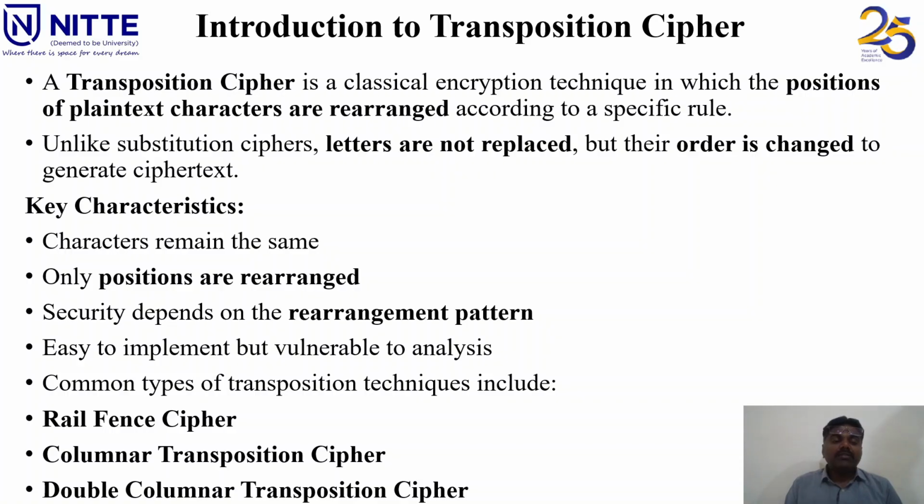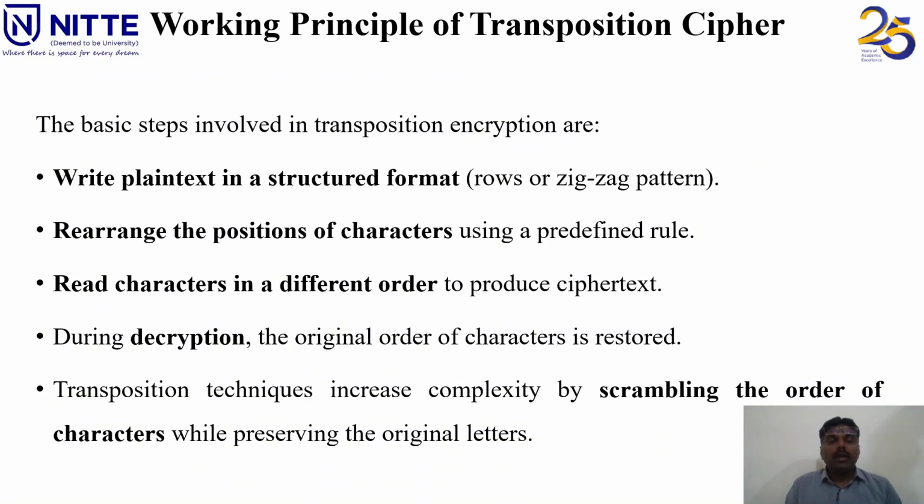In this session we try to understand how the rail fence cipher and double columnar transposition work. When it comes to the working principle of the transposition cipher, the basic steps involved in encryption are: first, we write the plain text in a structured format, that is in rows or in a zigzag pattern.